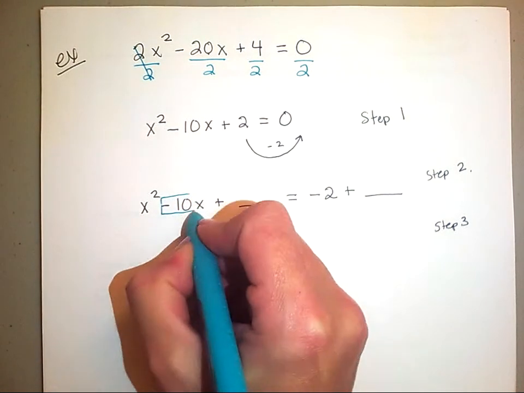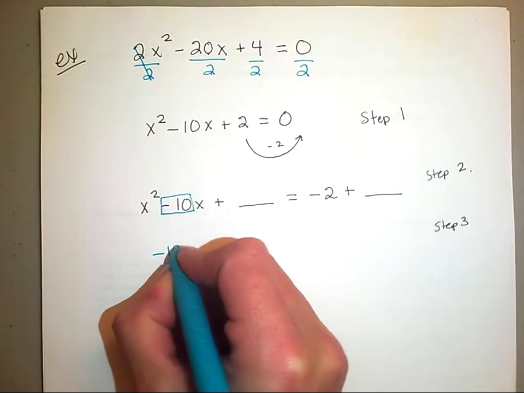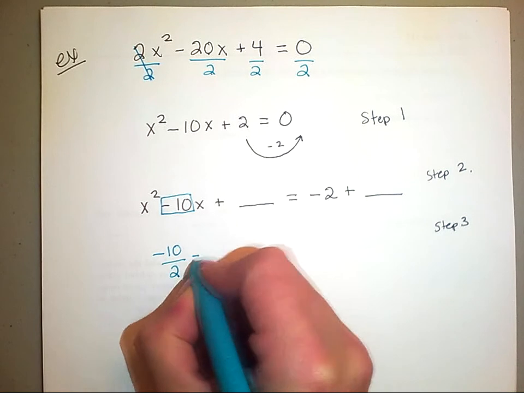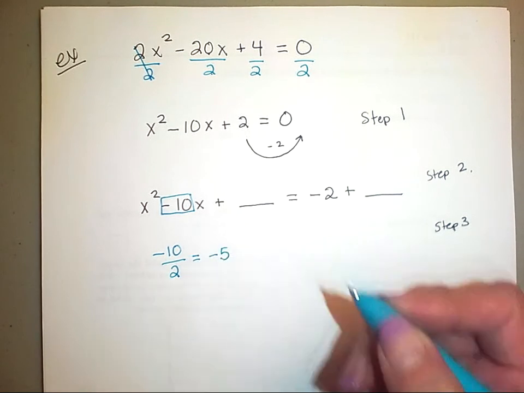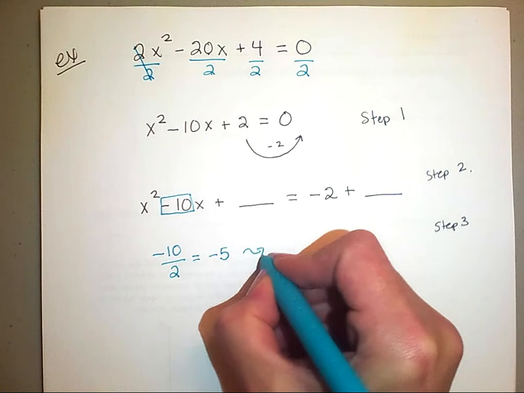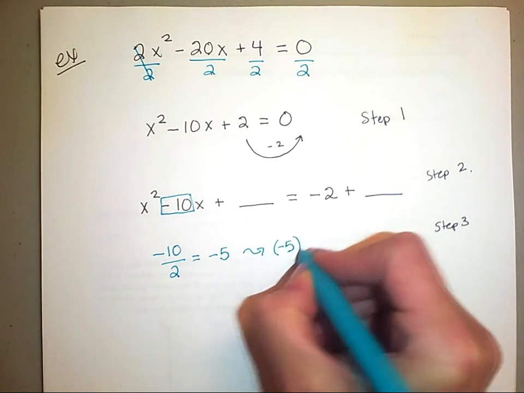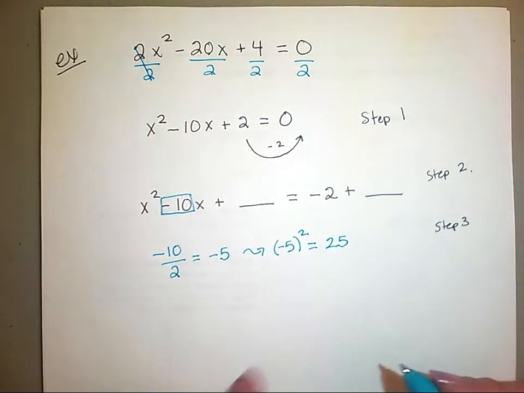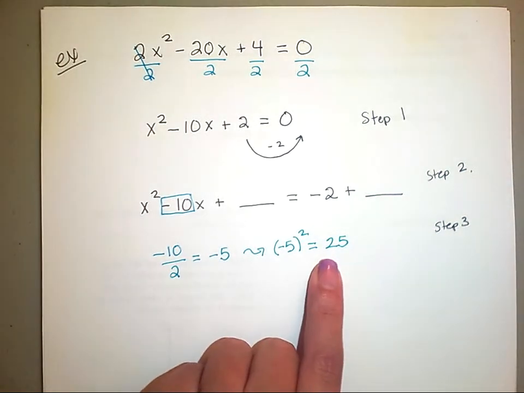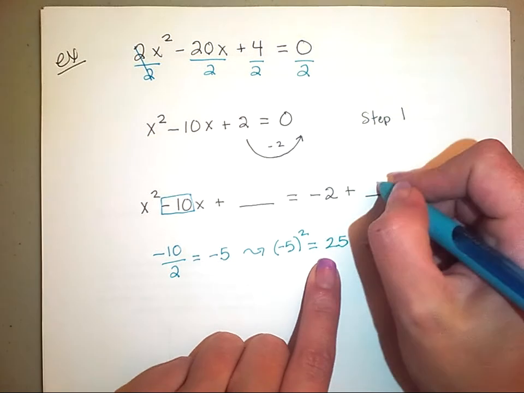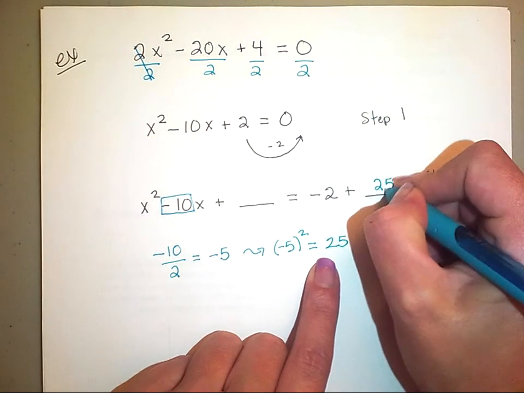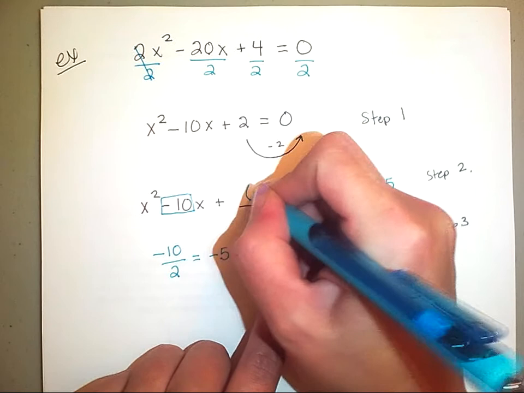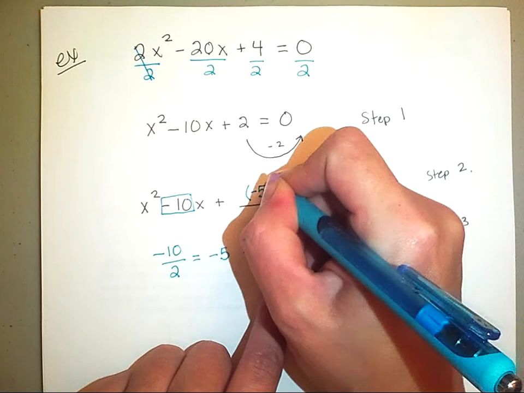So negative 10, we need to divide that by 2, which is negative 5. And then we're going to take that result, negative 5, and square it. So 25 is what we're going to add to both sides. I'm going to add 25 here, and I'm going to add 25 over here. I just like to write it as negative 5 squared. Negative 5 squared is 25.